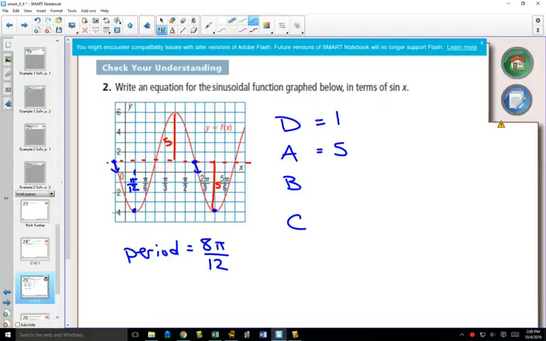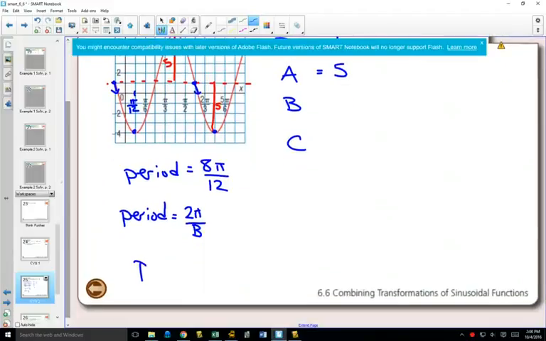Now, we have a formula that we were using saying that our period is equal to 2 pi over our b value. If you rearrange that formula a little bit, that means your b value is going to equal 2 pi over your period.